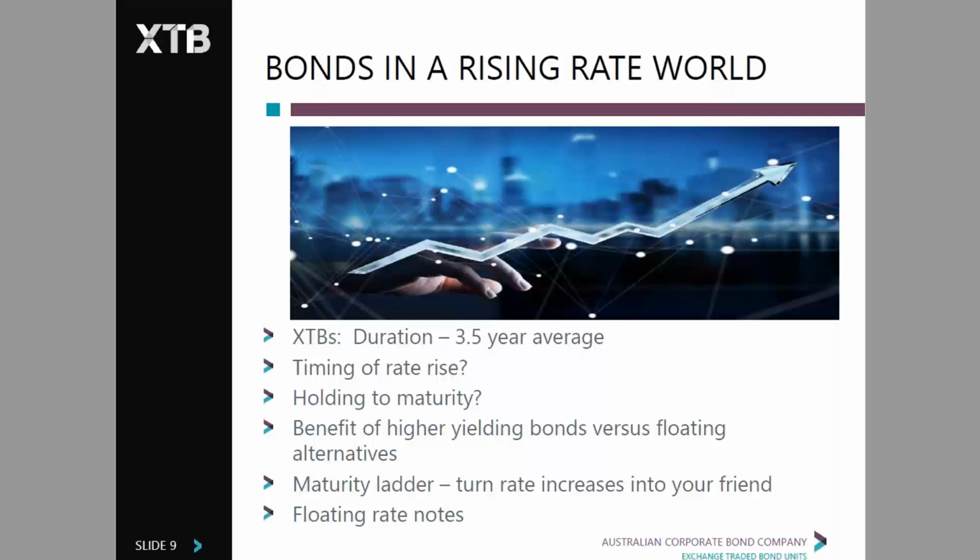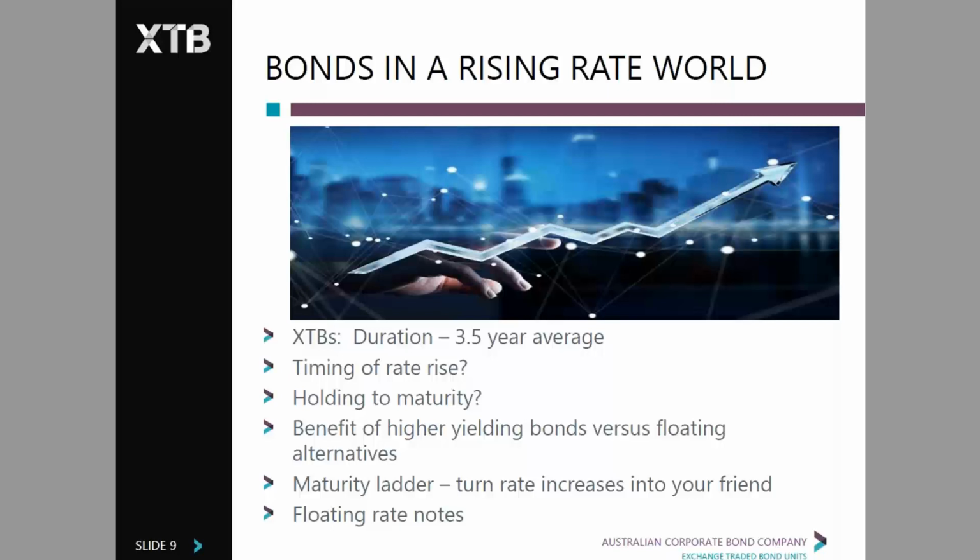That analysis, which you can find on our website, shows that it would take very, very significant rate increases before you're better off in the term deposits, simply because corporate bonds pay high coupons and the yields are stronger than term deposit yields. Therefore, you are in fact better off in the fixed rate bond.